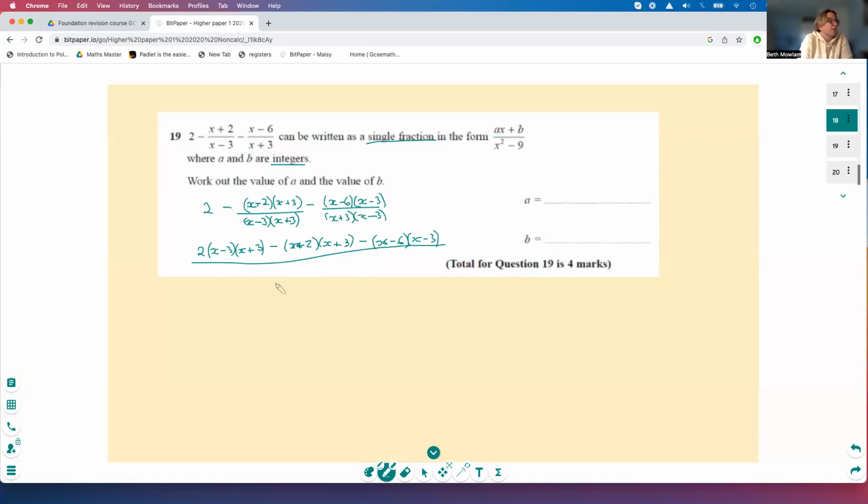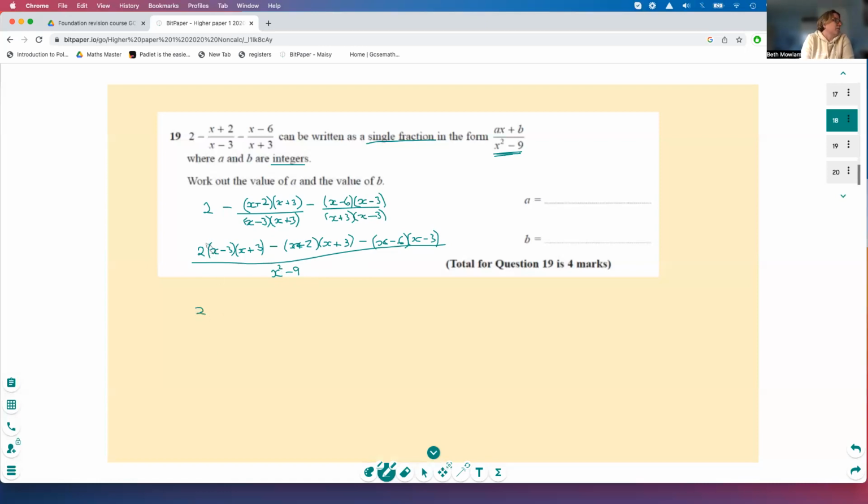Now, if we expand it out, x minus 3, x plus 3 gives us x squared minus 9, because you have minus 3x plus 3x minus 9, which is what we are looking for as our bottom line. So we've already got our bottom line. Now to get the top line, we're going to have to do a lot of expanding brackets.